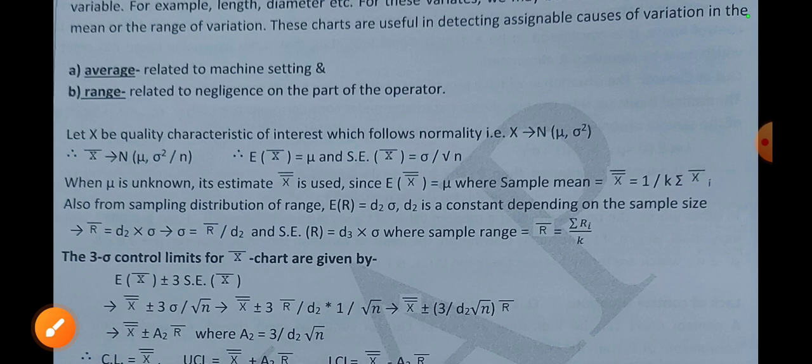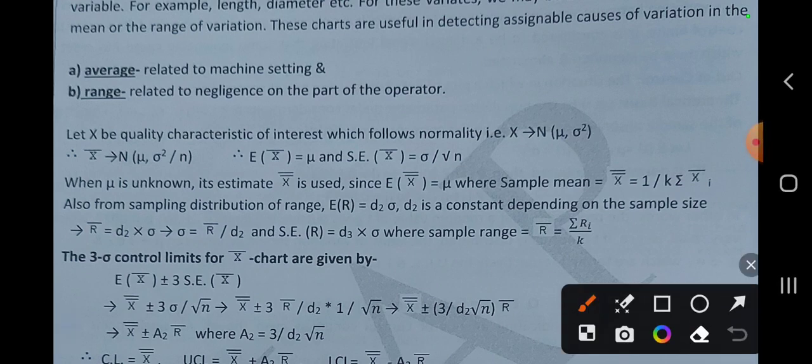The average chart is related with machine setting, whereas the range chart is related with the negligence on the part of the operator. If there is a deviation in machine setting, that can be detected through the mean chart, and the negligence on the part of the operator can be identified through the range chart.